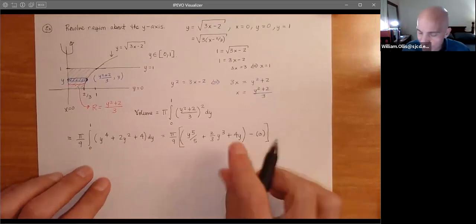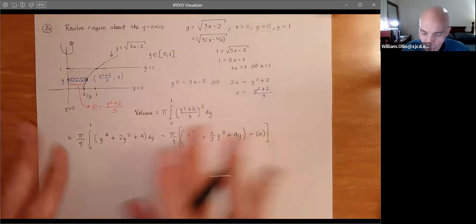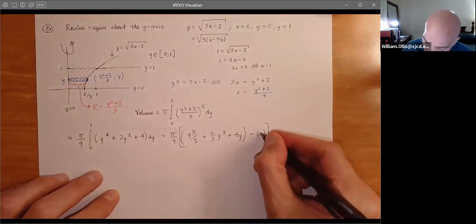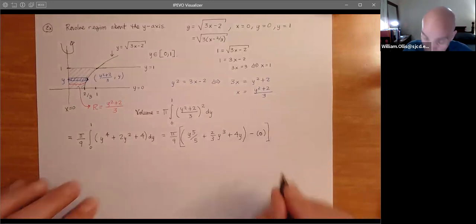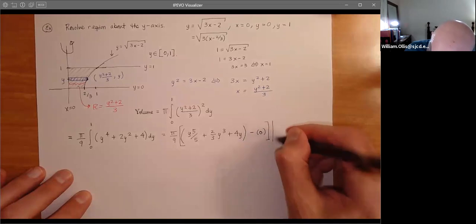It's nice to get used to that, but don't assume it. I mean, there'll be some times when it won't be 0, but I've chosen problems that basically showcase the types of algebraic techniques I want for you. But luckily we've had nice lower limits of 0, so don't count on it because it's not always going to be the case. So now we can do our limits of integration.